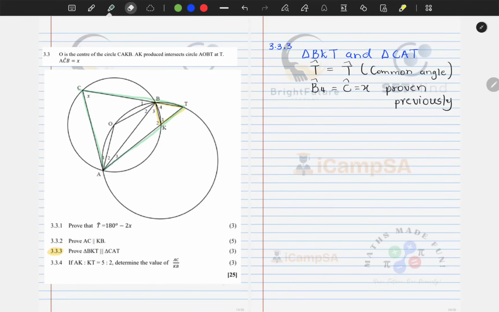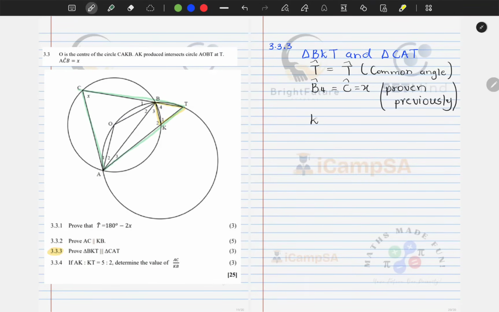So it has been proven previously, which was the previous question. Now, once you have two angles in a triangle equal, the third one becomes equal by default. What does that mean? It means that our angle A, sorry, we're looking at the smaller triangle.